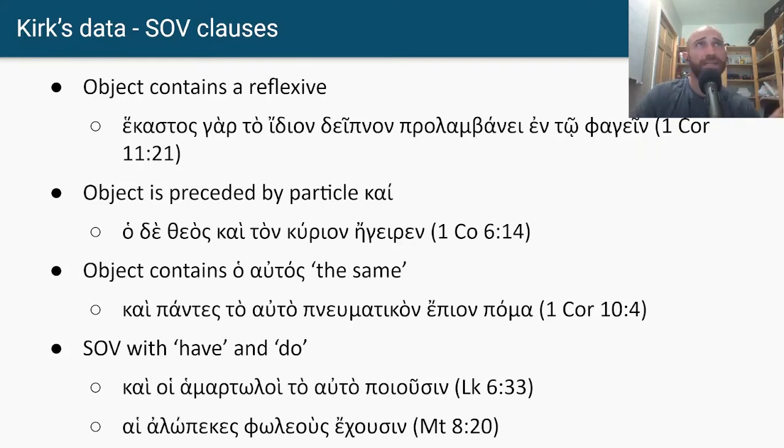But the idea here is that with all of these clauses, we can chunk them into groups. And there are good reasons why, for example, verbs with have and do might behave differently. These are what we might call light verbs, or they are lighter. They're not very lexical.